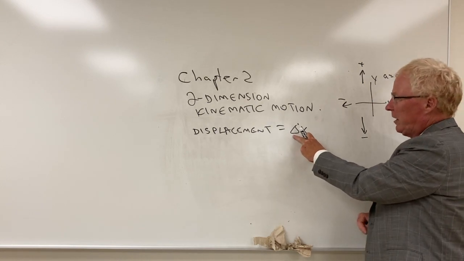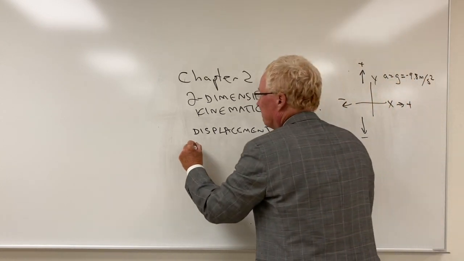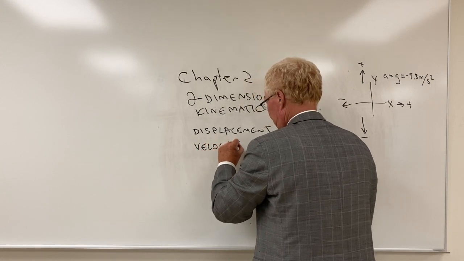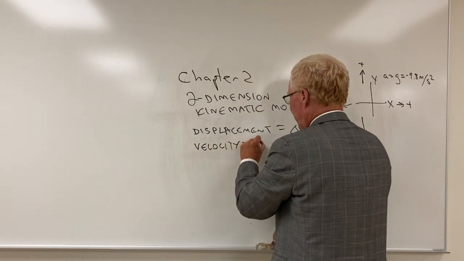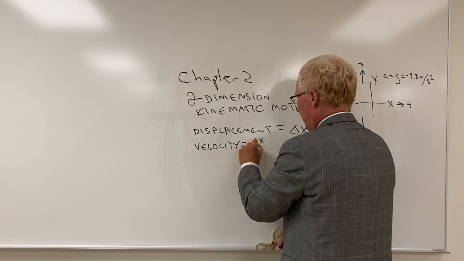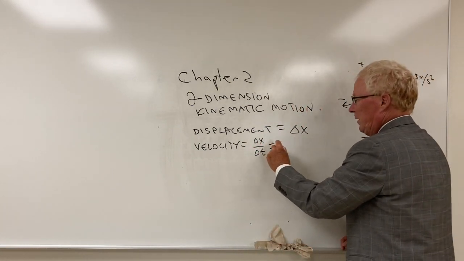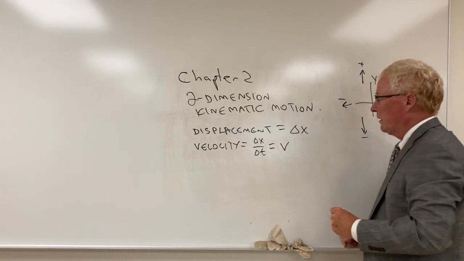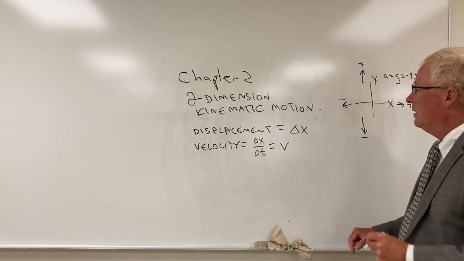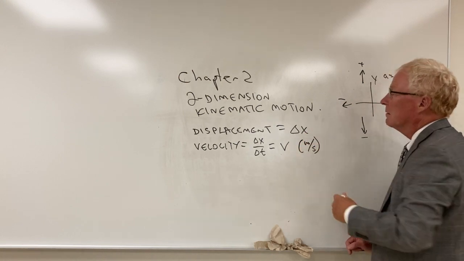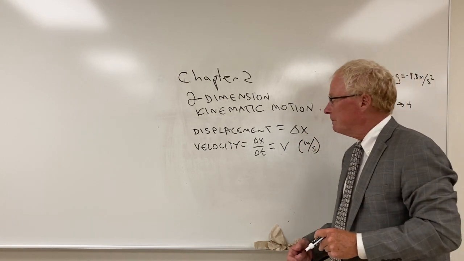Delta means change. We have velocity, which is defined as delta x over change in time. And this will be given by the letter v, and this is in units of meters per second, for the most part.